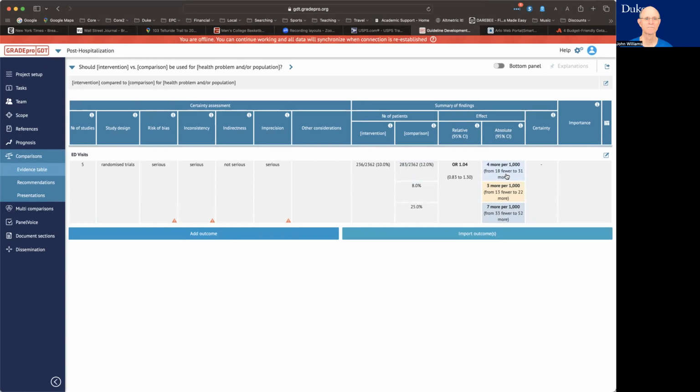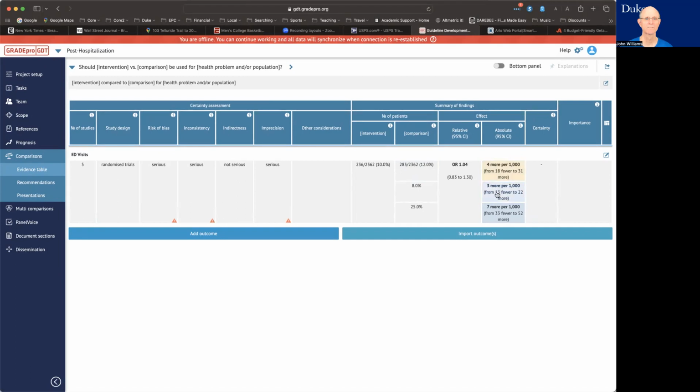And I'm guessing, I didn't look at this, that the odds ratio was for the usual care versus intervention. I'm not sure. You just have to get the direction of that right.